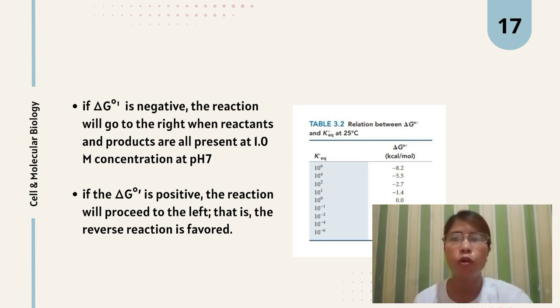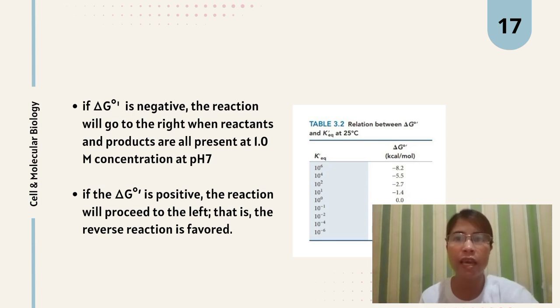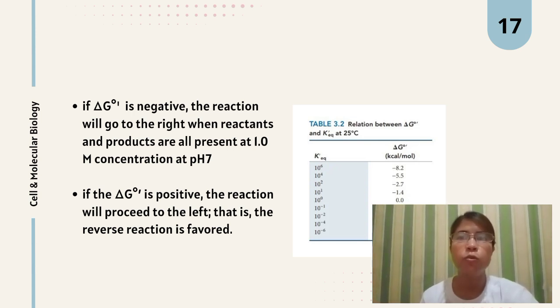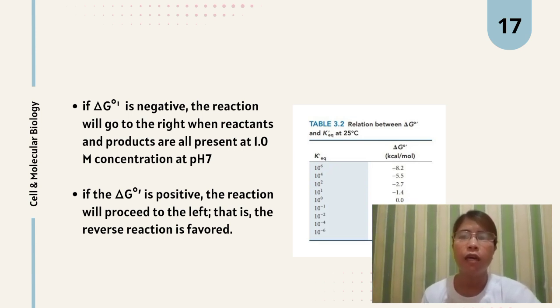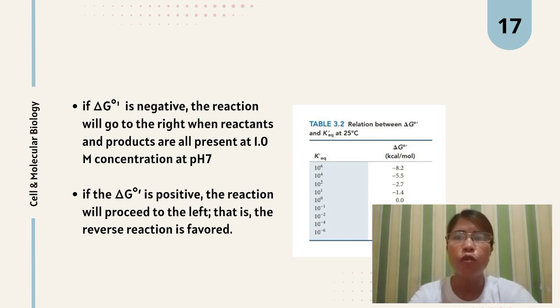So, it says here, if the standard free energy change is negative, the reaction will go to the right when reactants and products are all present at 1.0 M concentration at pH 7. If the standard free energy change is positive, the reaction will proceed to the left.